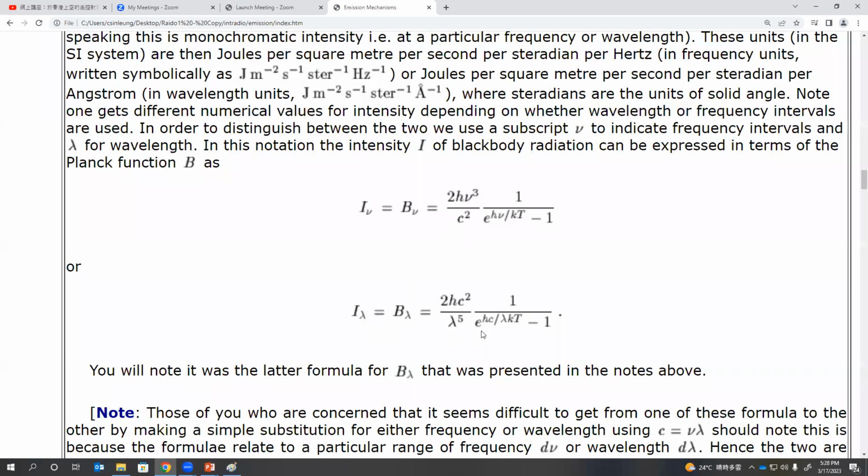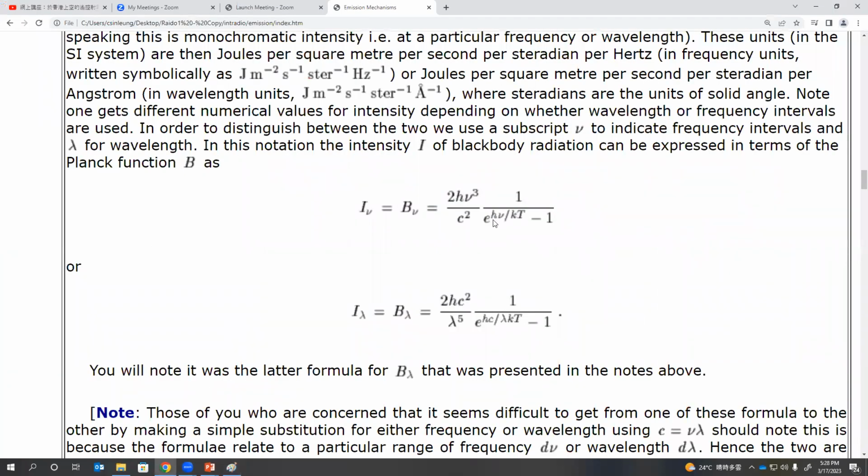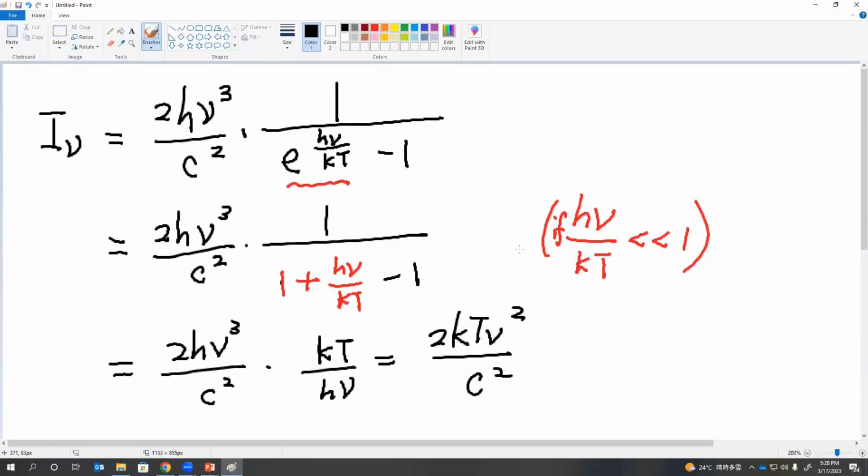Let me move on to look at the lambda case. Lambda case, 2hc squared over lambda to the 5. I use nu, frequency, I apologize, not wavelength. I use this one.